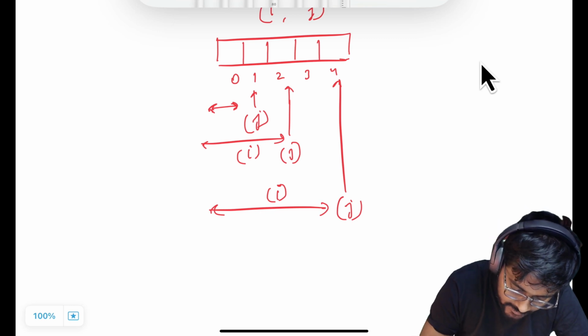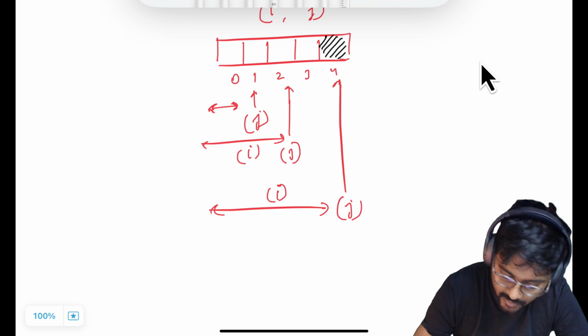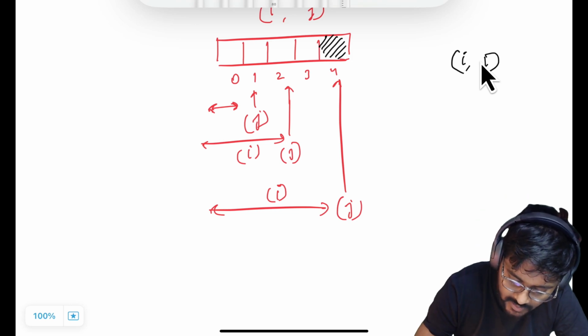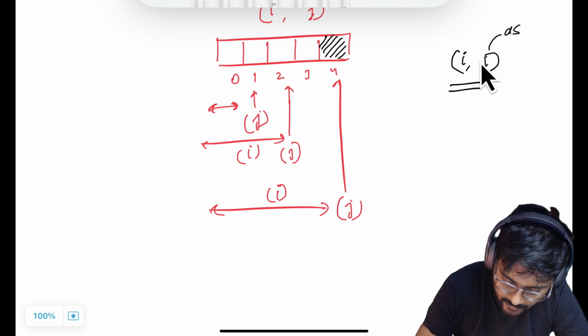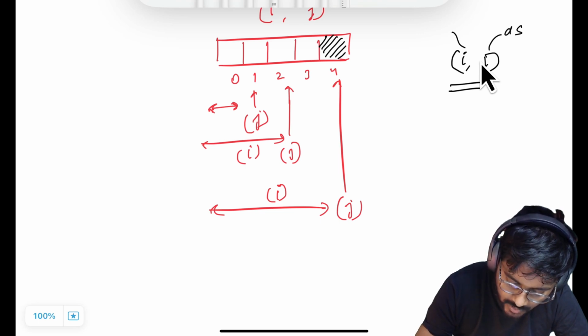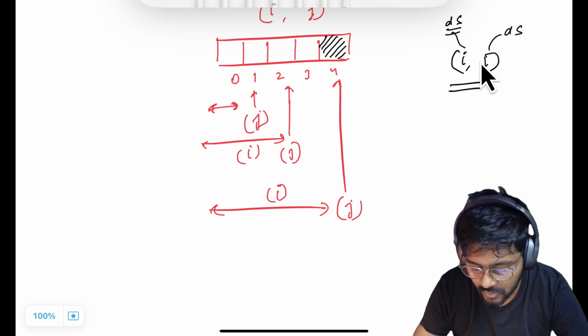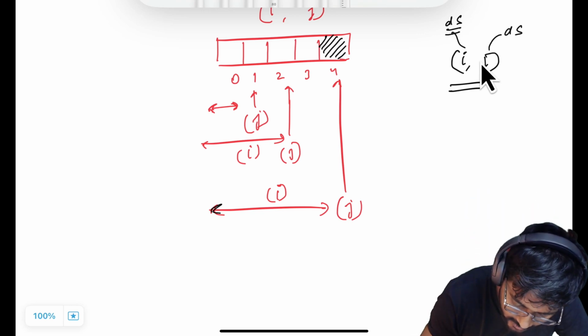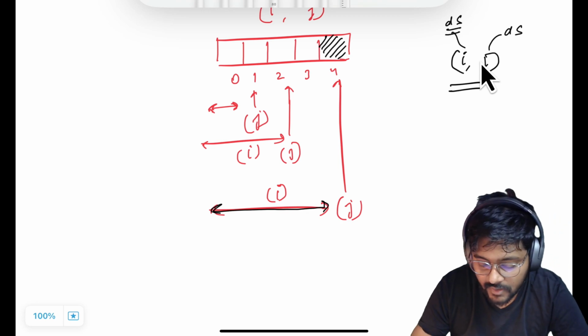Okay. So in this case, we are checking in only one direction, and let's say I have chosen this j equal to 4. Let's say this is one of the parts of my pair i, j. It means that whatever the digit sum, let's say digit sum is ds for j, then for i it should also be ds. And how do I get to know the numbers from the left side which are having digit sum equal to ds?